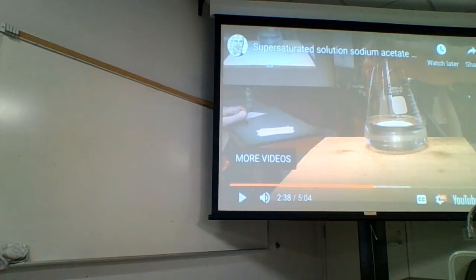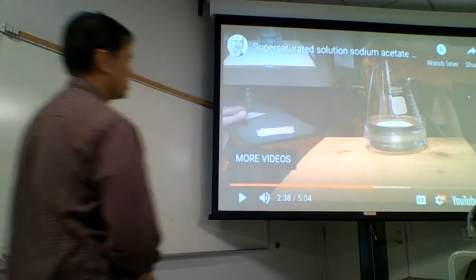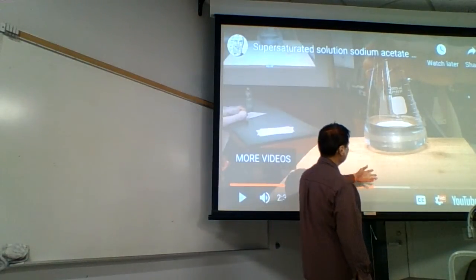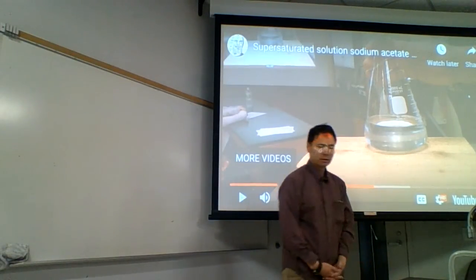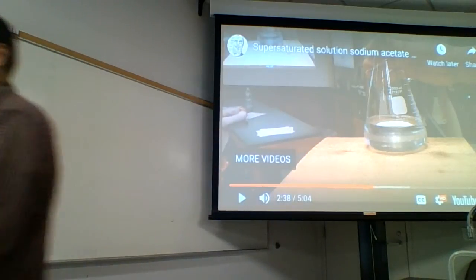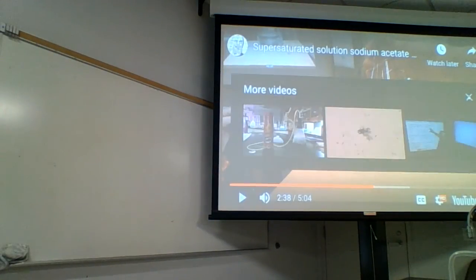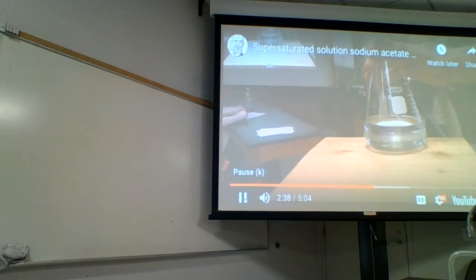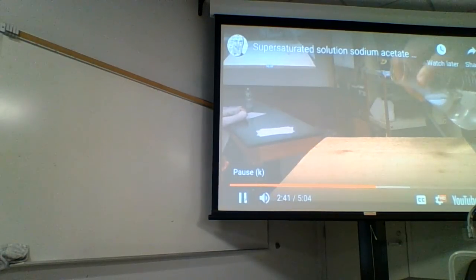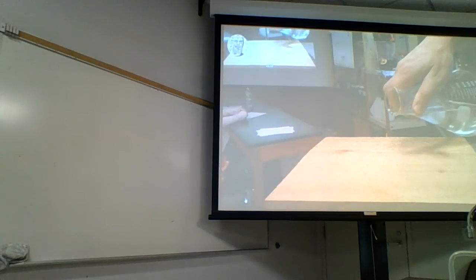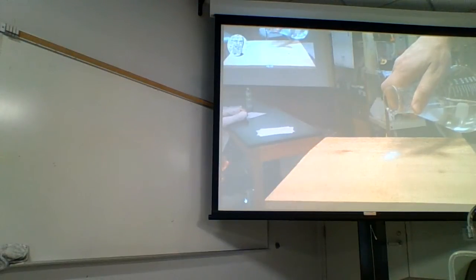Another way is to provide a surface. So on this piece of wood here, maybe the crystals can start to grow. Demonstration, so let's see what happens. There.